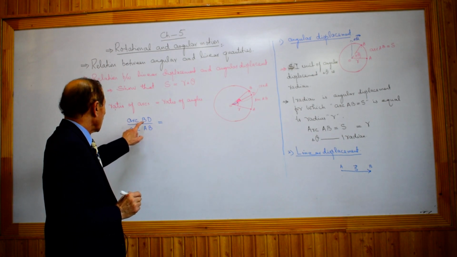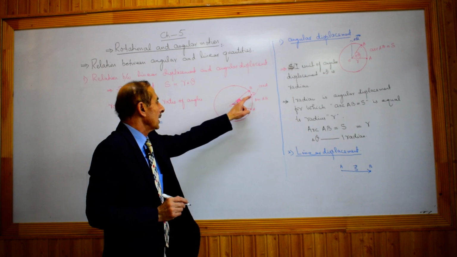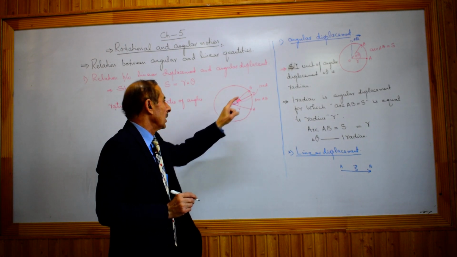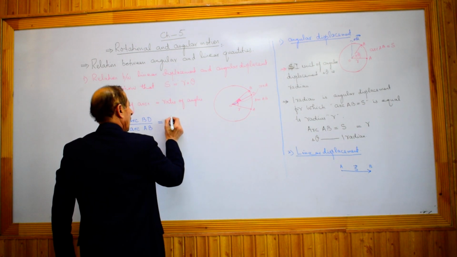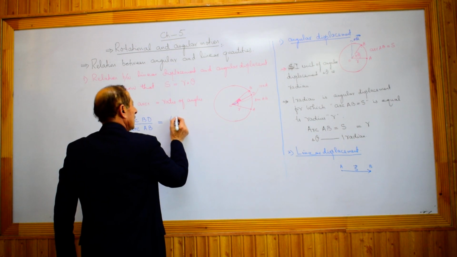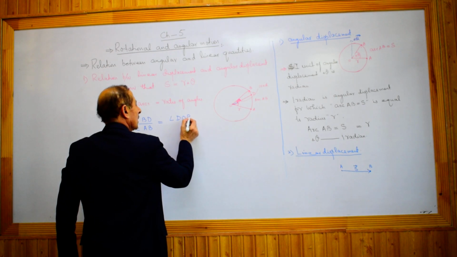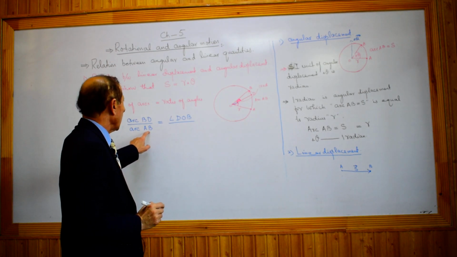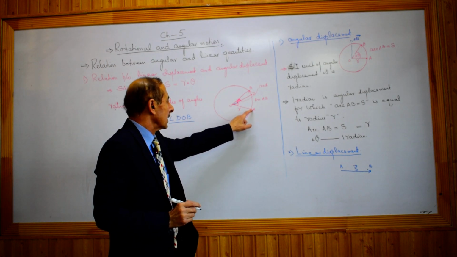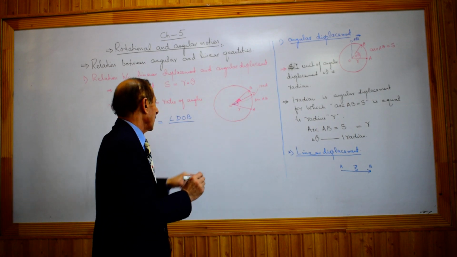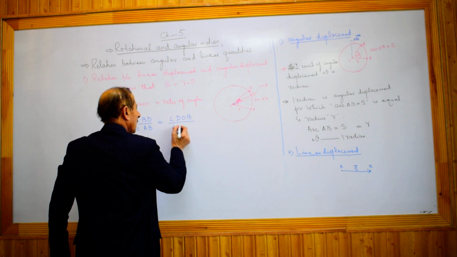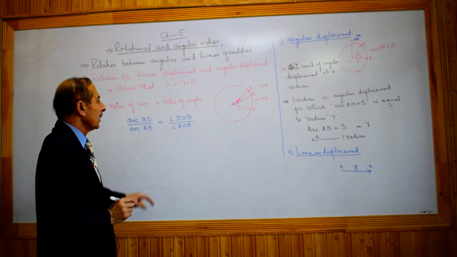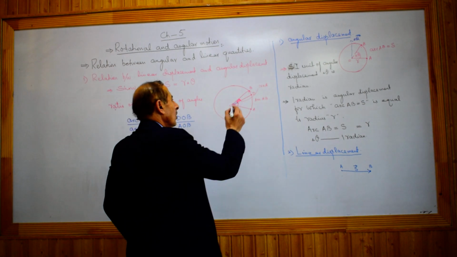The angle for arc BD is angle DOB, divided by the angle for the arc AB, that is angle AOB.